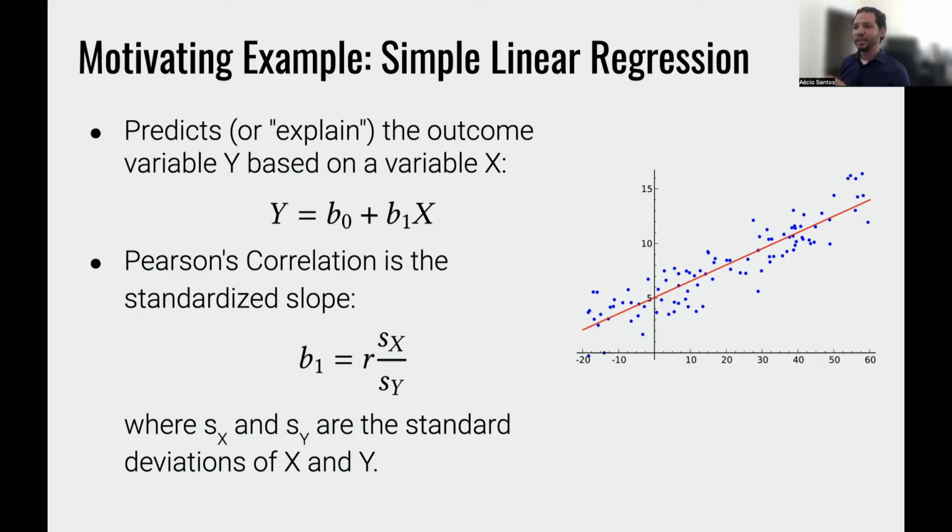In this context, one can show mathematically that the Pearson's correlation is the standardized slope of the linear equation. In other words, the stronger the correlation between the target and the variable that we are looking at, the higher the predictive power of this variable.